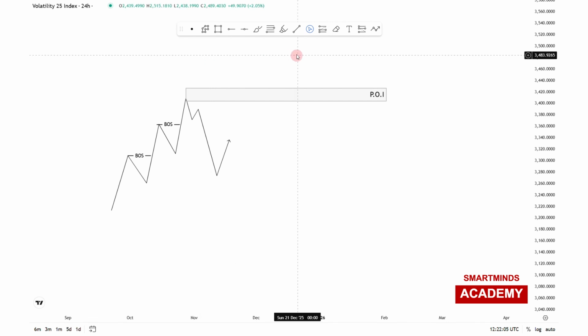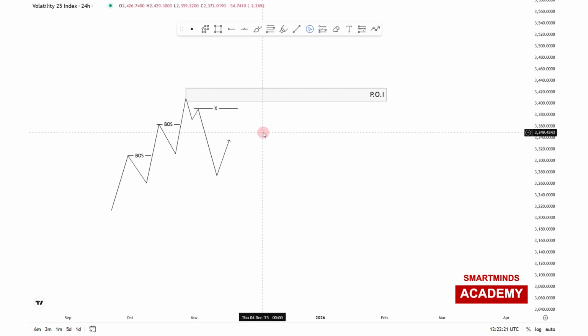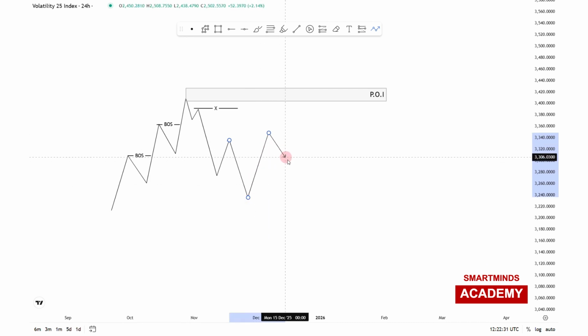So in this case, as you can see, you have an incomplete pullback. The first incomplete pullback resembles your engineering liquidity. Some may call it engineering liquidity, some call it inducement, but it is one and the same thing if you look at it. From this incomplete pullback, the price might come back after some time in whatever the pattern.